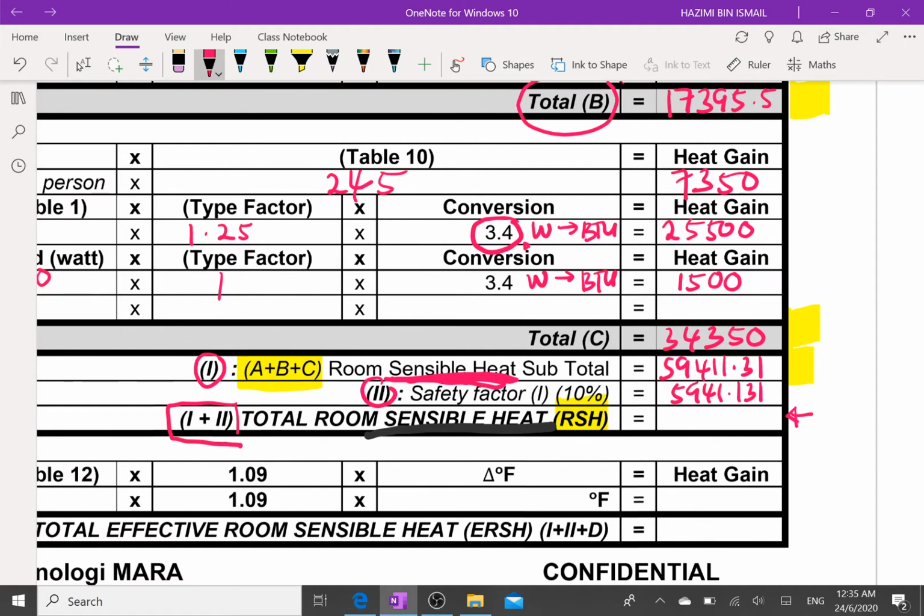Refer to this one. So the value is 59411.31 plus 5941.131, and the value is 65352.44. Okay, this is almost the most part. Highlight it there. This value we will use later.